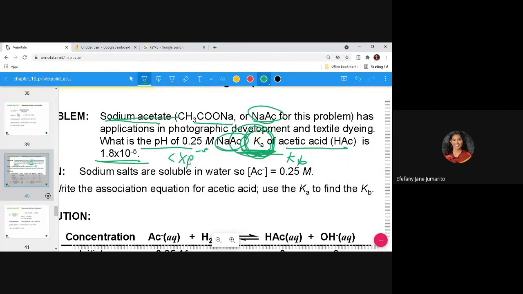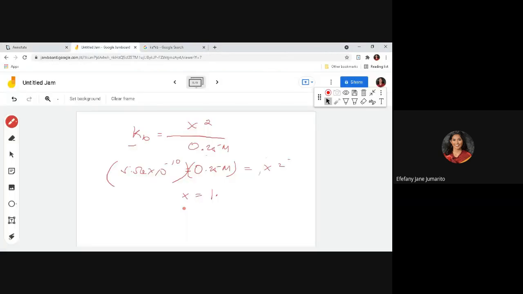Or you can neglect first and then confirm using your percent dissociation. If it is less than 5%, then your assumption of neglecting is correct. If it is higher than 5%, then you cannot neglect it. You redo the calculation.